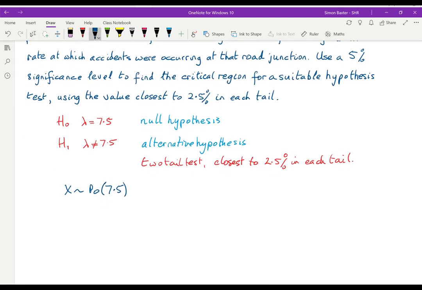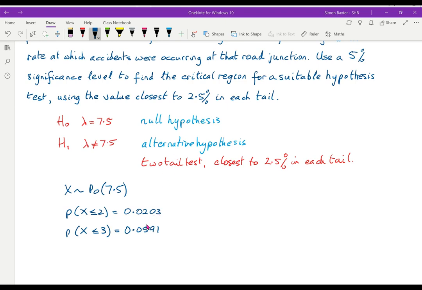Now we need to find the critical values at the bottom end and at the top end. So let's look at the lower end first. Probability that X is less than or equal to 2 is 0.0203. Probability from your cumulative tables less than or equal to 3, looking it up, is 0.0591. One is below 2.5%, the other's above.